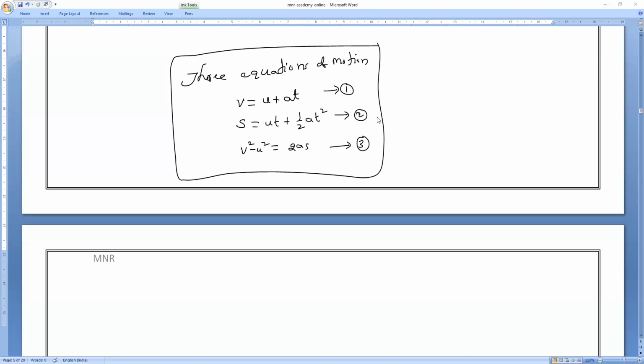See the mathematical symbol. What symbol is there here? Is it into?